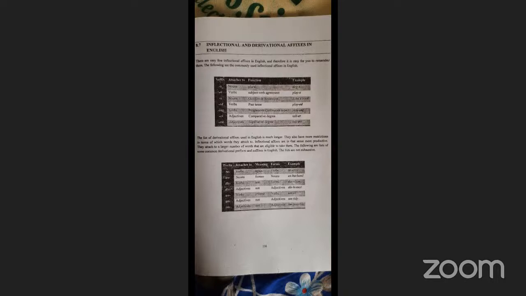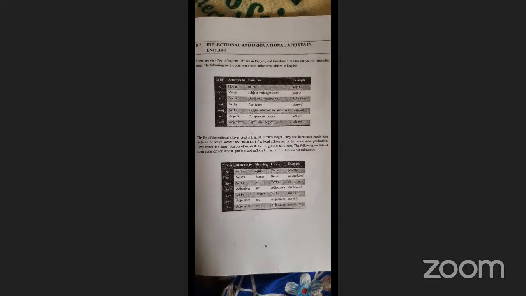For example, educate, I'm adding d as a suffix, educated. Now educate is a verb, educated is also a verb. So within affixes, the method of forming new words through affixes, in some cases the new word comes in a new word category.